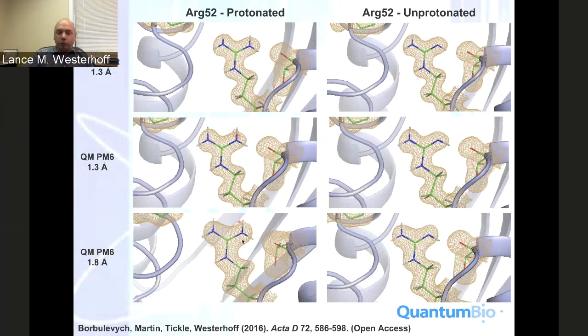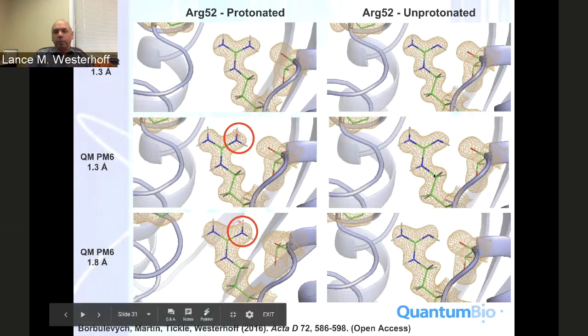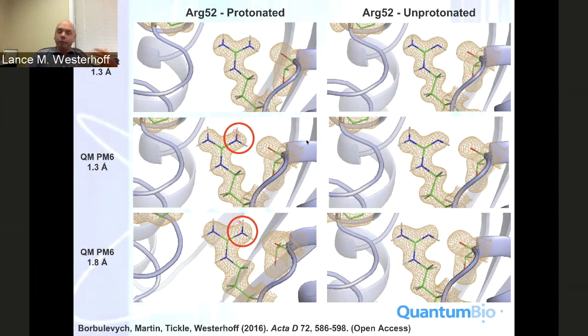When you're first looking, you might not see a whole lot of difference, but if you're really an eagle eye, you'll notice there's a little bit of difference density here in this case. But that difference density goes away in the unprotonated case. So by looking at difference density, by looking at shared protons, by looking at all these things, we can say, oh yeah, we can measure these things. The QM refinement is good enough to measure whether or not you have the right protonation state.